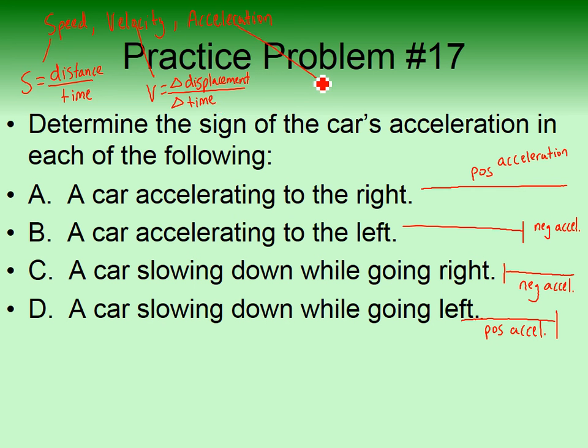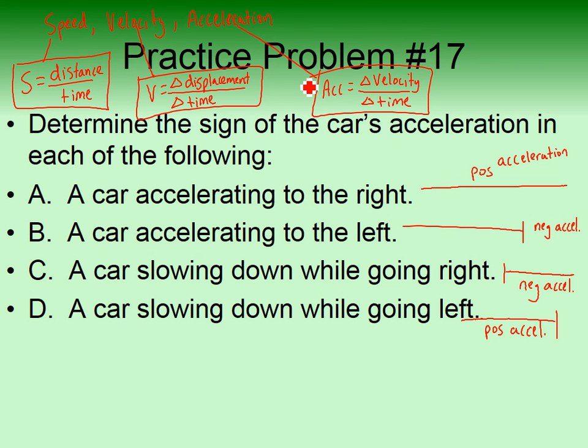And acceleration, we just got done, is equal to change in velocity all over change in time. So we're going to use these equations. Okay? Please write them down somewhere. We got to memorize these. And we're going to use them on some of the worksheets in the book.